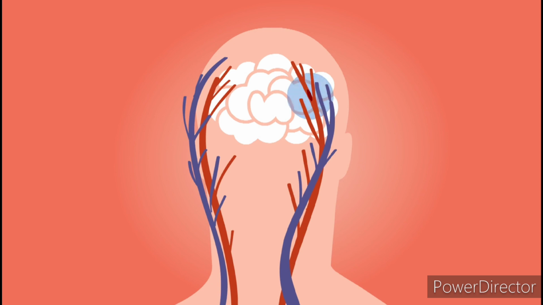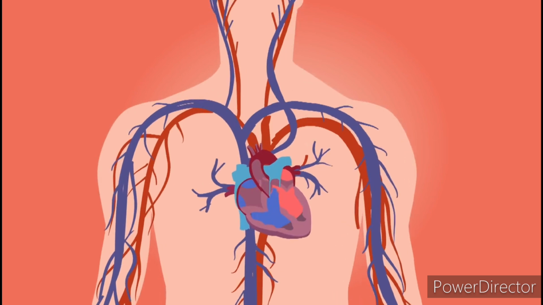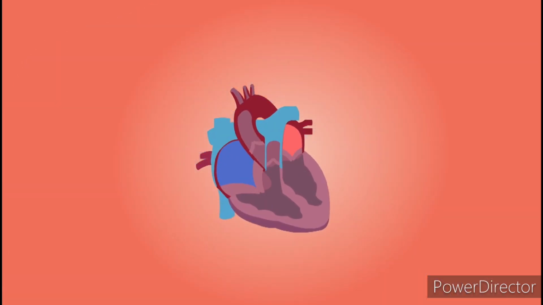That is the deoxygenated blood, and it enters into the lungs. Then purification is done, and after losing the carbon dioxide, the fresh blood enters into the pulmonary capillaries, then from the pulmonary capillaries to the pulmonary veins. The same process continues.